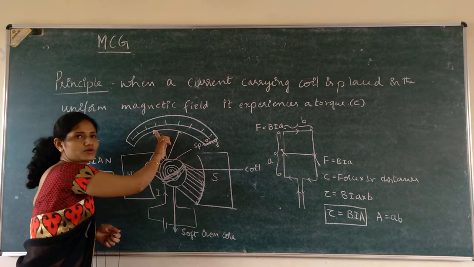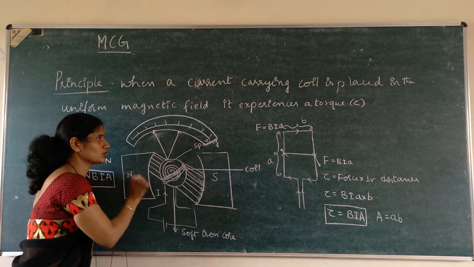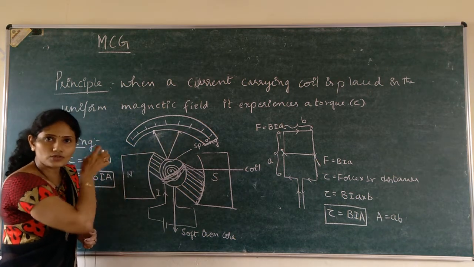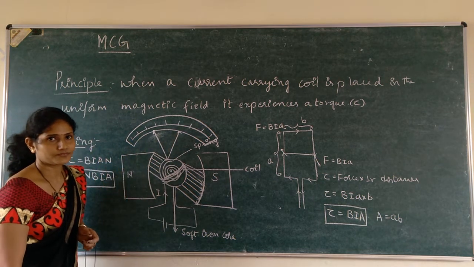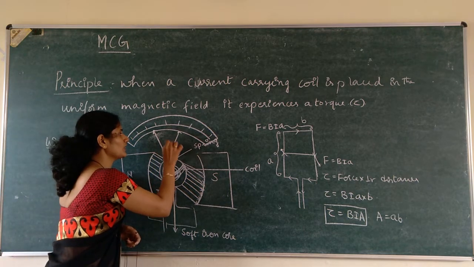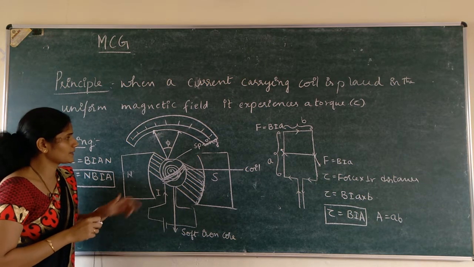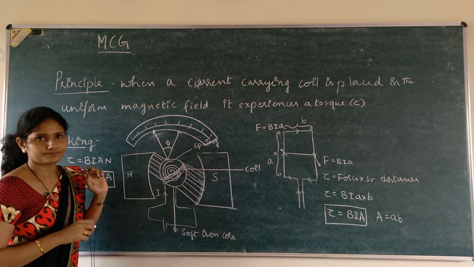Earlier the needle was here, and when it rotates, the needle comes here. This is how it shows the deflection, okay. So, this is angular deflection phi. Angular deflection is represented by phi.